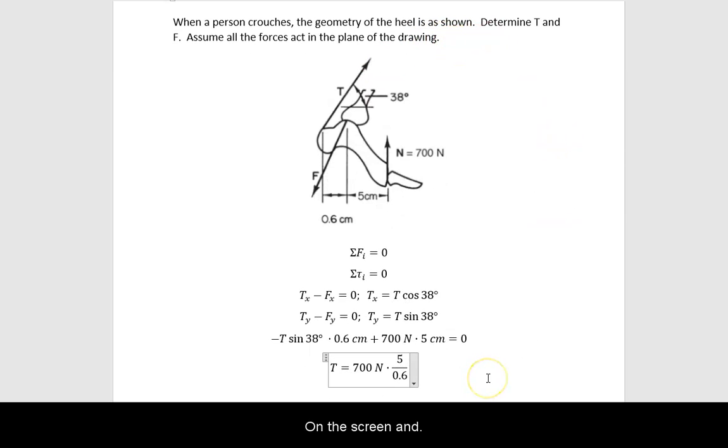And we're dividing by the sine of 38 degrees. So that's what we're after: 700 newtons, 5 over 0.6, 1 over the sine of 38 degrees.